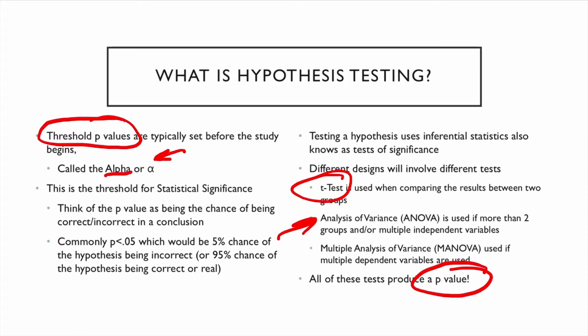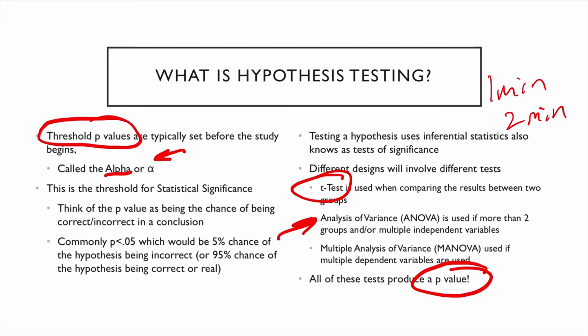If one group, the regular training group, improved their 5K time by 1 minute, and the other group, the HIT group, improved their 5K time by 2 minutes, I would say, hey, that's a big difference. A 1 minute drop in a 5K is very significant, right? Especially if they're already pretty fast.